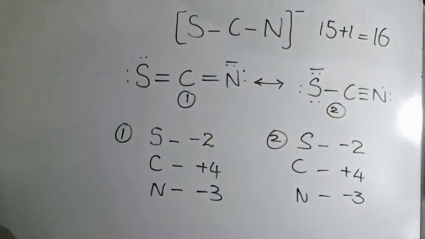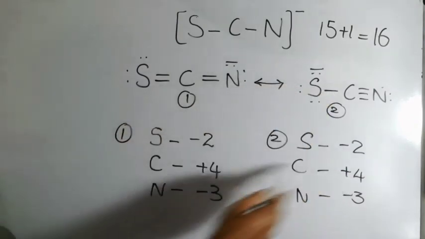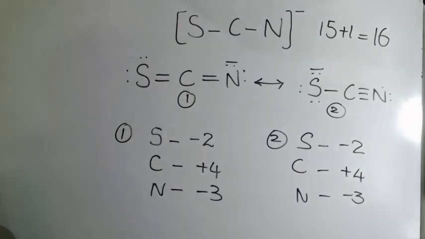From the triple bond, nitrogen withdraws 3 electrons. Those 3 electrons are actually given by carbon. So carbon loses the 3 electrons, and from this side, again, it loses 1 electron. So altogether, it loses 4 electrons. That is why it shows oxidation number +4.